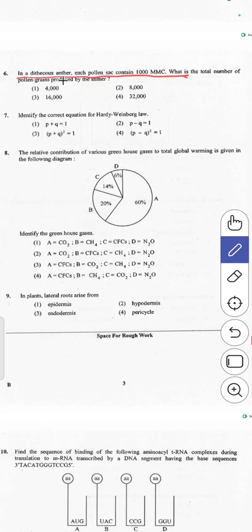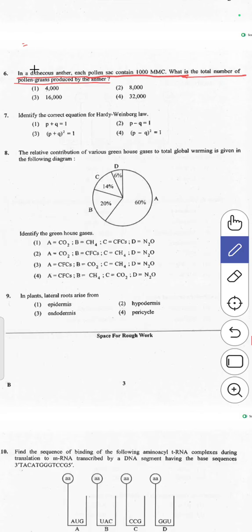Since they have given anther, that will be the microspore mother cell. What is the total number of pollen grains produced by the anther? They are asking how many pollen grains are produced by these 1000 mmC.